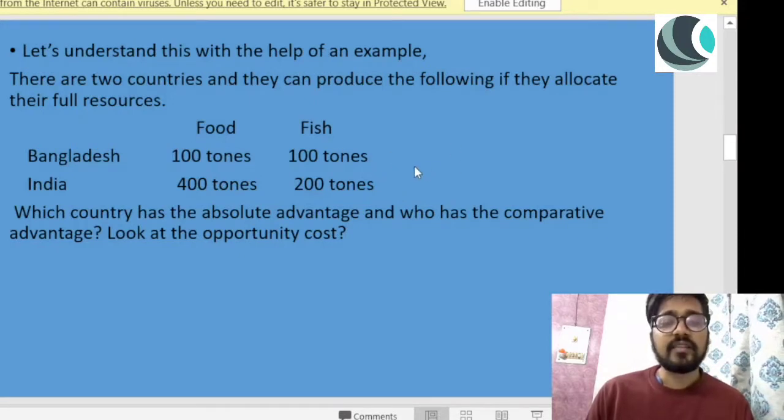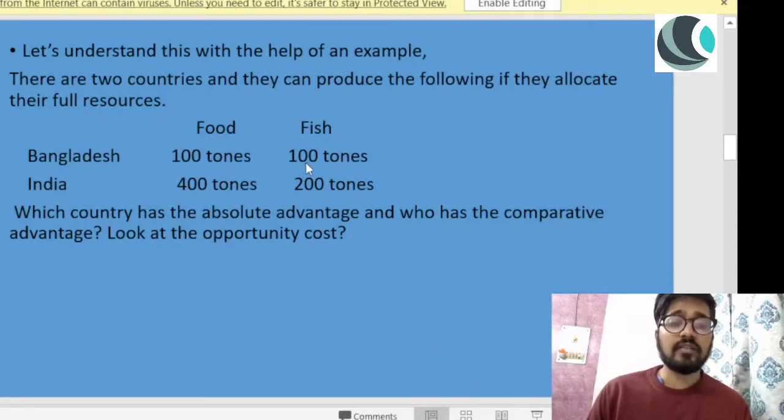So in this case, Bangladesh has the better opportunity cost in producing the fish. So India has comparative advantage in producing the food, but Bangladesh has comparative advantage in producing the fish. I hope I have made myself clear. I know it's a bit tricky, and you need to go through it once again.